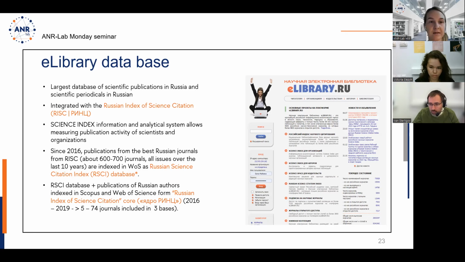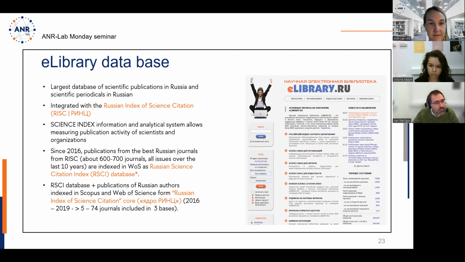Sometimes Российский индекс научного цитирования is translated into English as Russian Science Citation Index, but this is technically another database, and I will just try to show it to you.